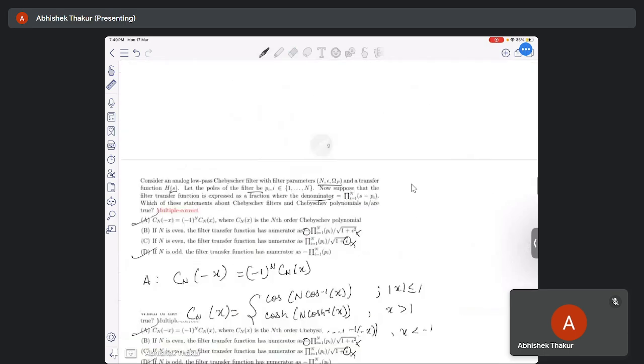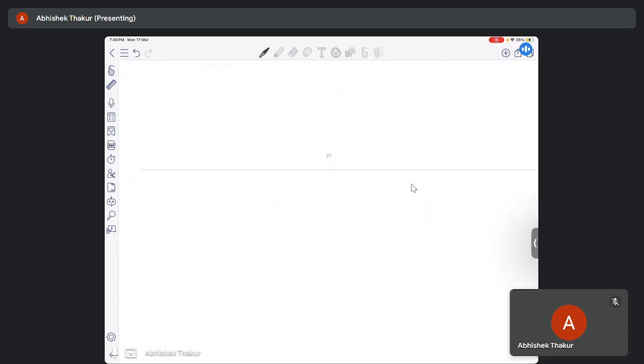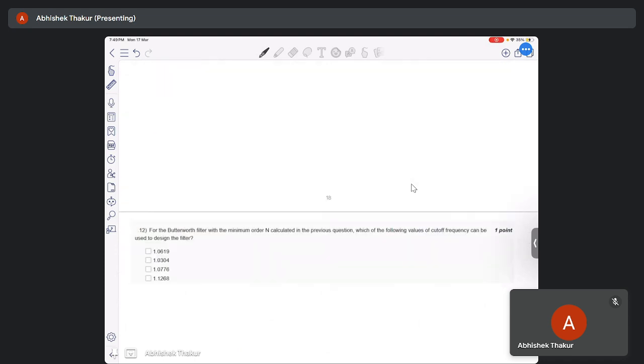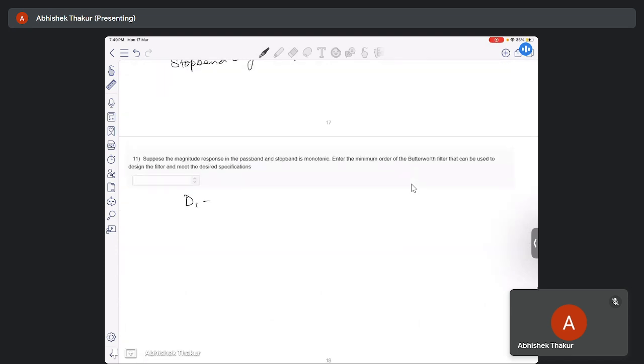Our D1 is equal to 1 by (1 minus del 1) square minus 1 and D2 is equal to 1 by del 2 square minus 1.